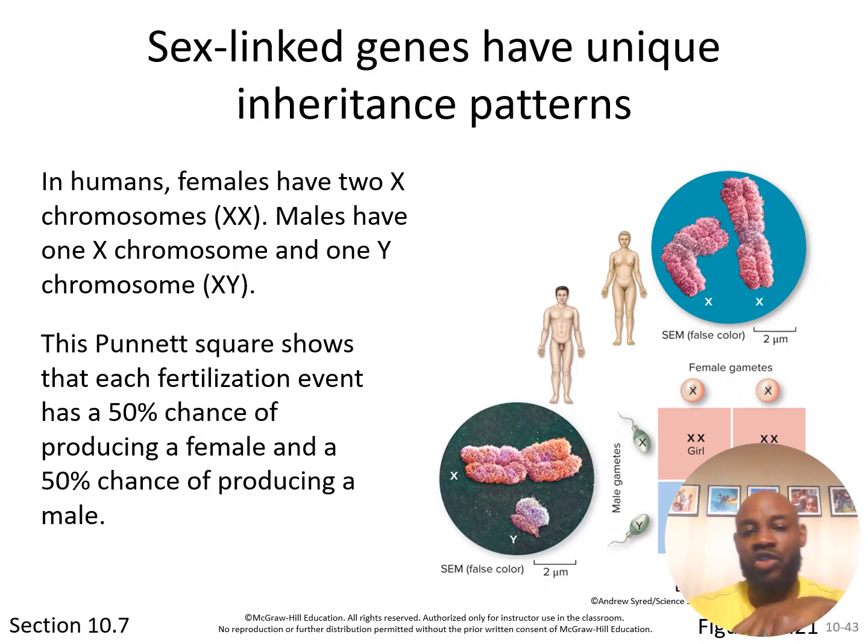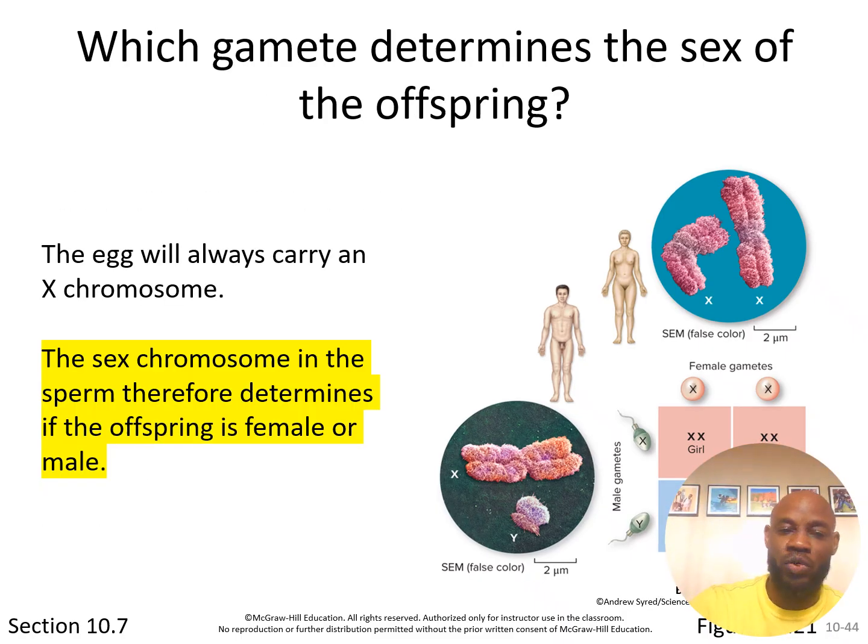A Punnett square shows that each fertilization event has a 50% chance of producing a female and 50% chance of producing a male. If mom can give an X, dad can give an X or a Y, then there's a 50% chance of the children being female, 50% chance of the children being male due to the Punnett square.